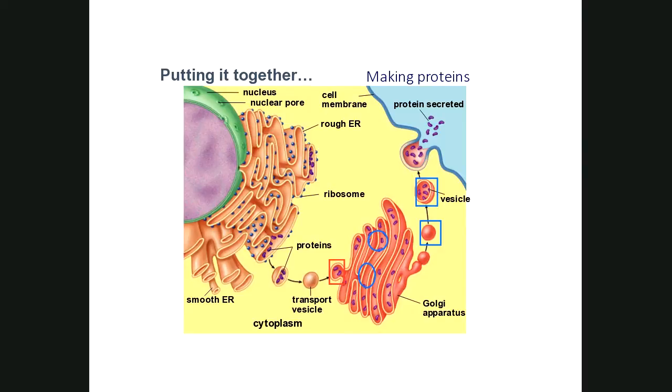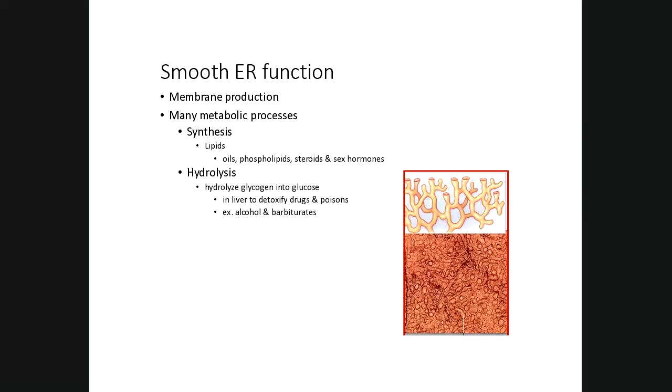So the only piece of information that I skipped over is the smooth endoplasmic reticulum. So the smooth endoplasmic reticulum, and I went back to slide 16, I think, it looks like pieces of spaghetti, if you will.